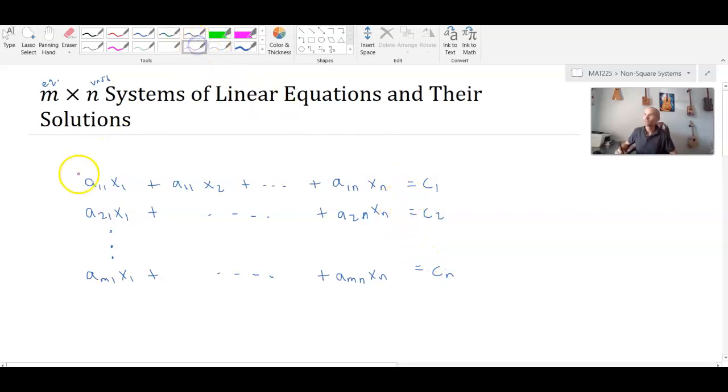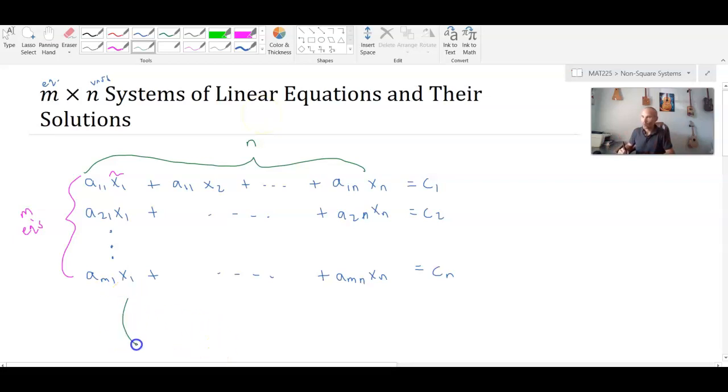So we have m equations, and we have a variable all the way down the line. So we are going to have n variables. And so this is what we're going to call an m by n system.